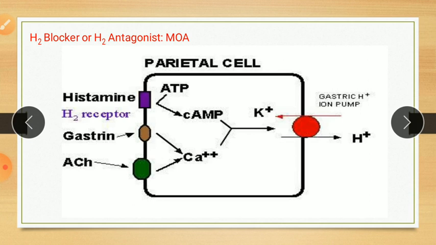So, H2 blocker. The acid secretory unit of the gastric mucosa is the parietal cell. This parietal cell contains hydrogen potassium ATPase, or hydrogen ion pump, that secretes protons in exchange for the uptake of potassium ion.